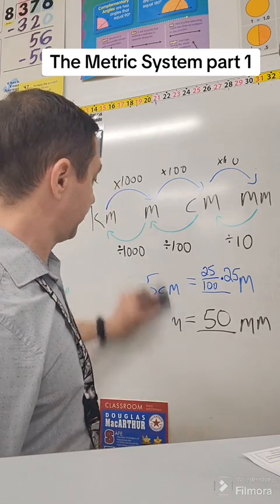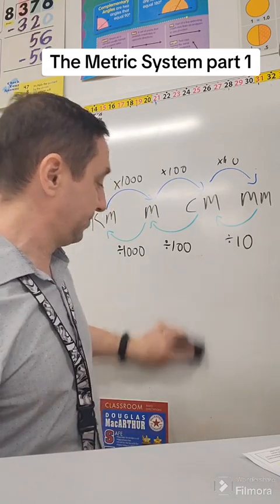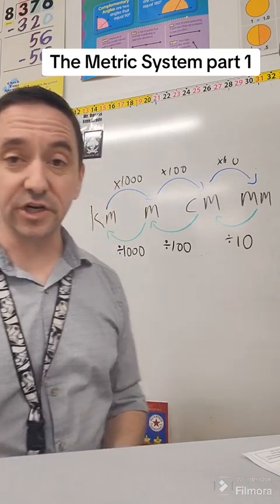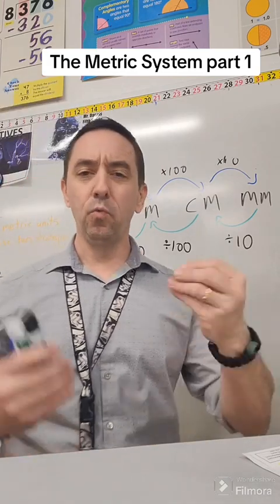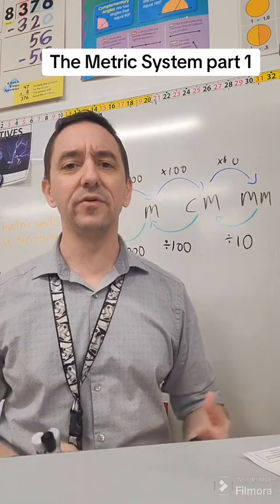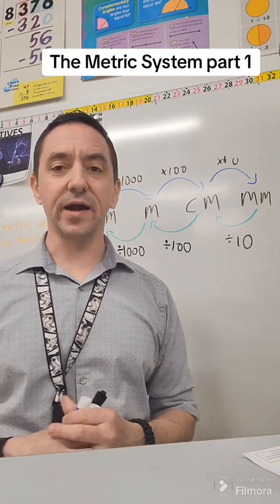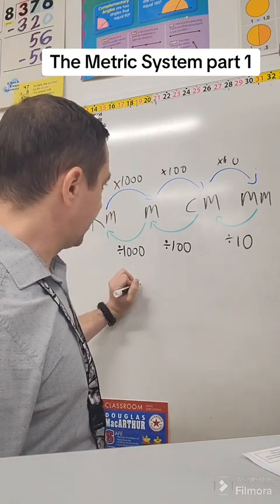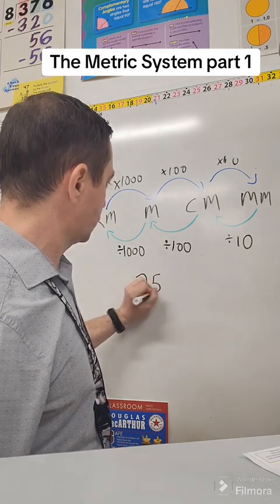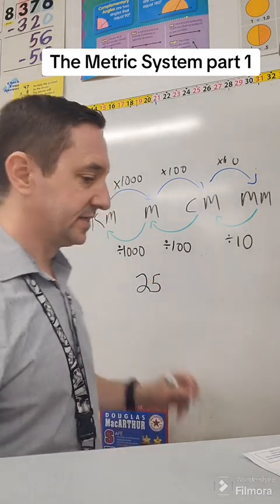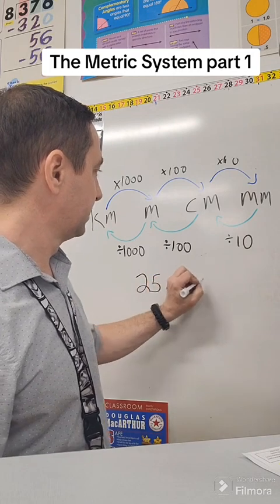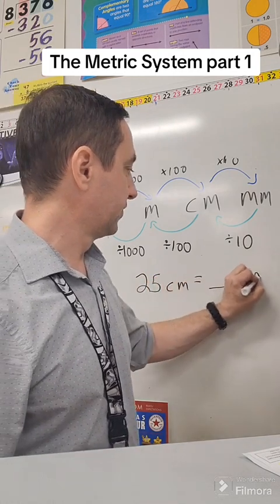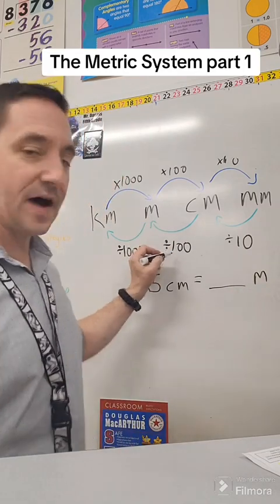Now, another trick, again, if you're talking base 10: once I understand base 10, what can I do? I can use the hack. I could just move the decimal. Again, if I've got 25 centimeters and I want to convert that to meters, I'm going to divide by 100.